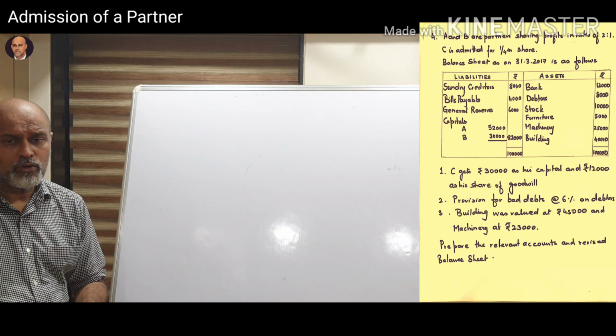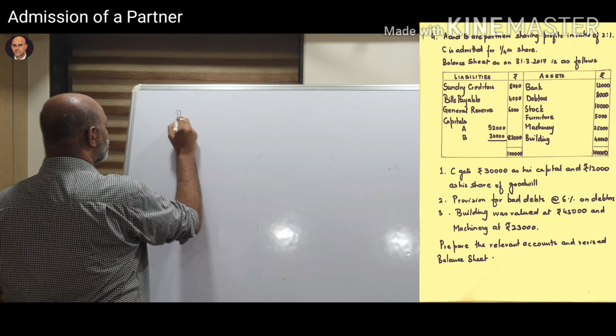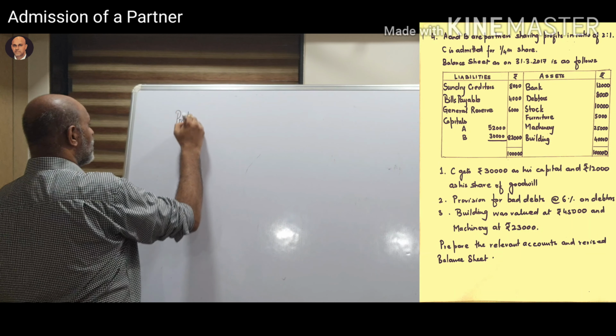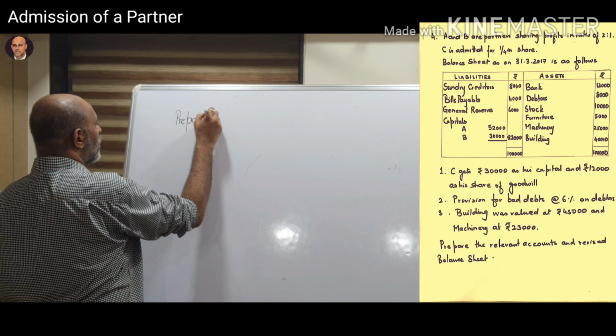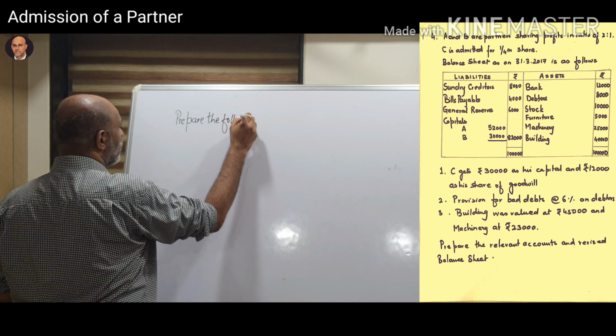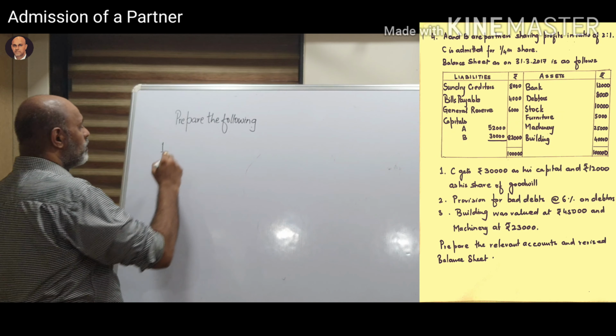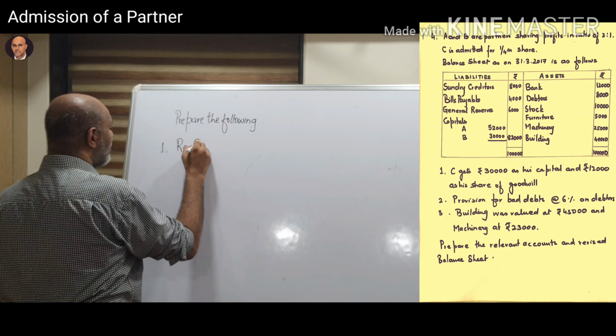But before having a look at the balance sheet, it's very important that you prepare the following. What are the following which you are going to prepare? Number one, you are going to prepare the revaluation account.